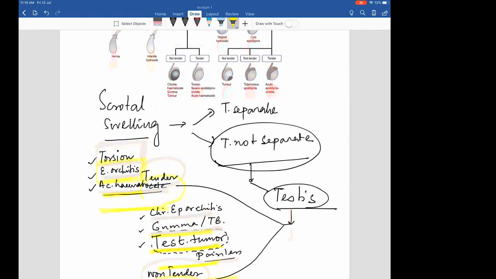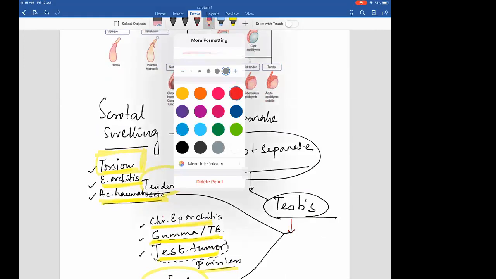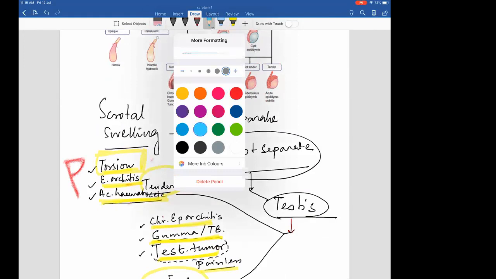So what is important for you to distinguish, guys, is very simple: just remember pain. If it is painful, always remember, it is a torsion of the testes or epididymitis.